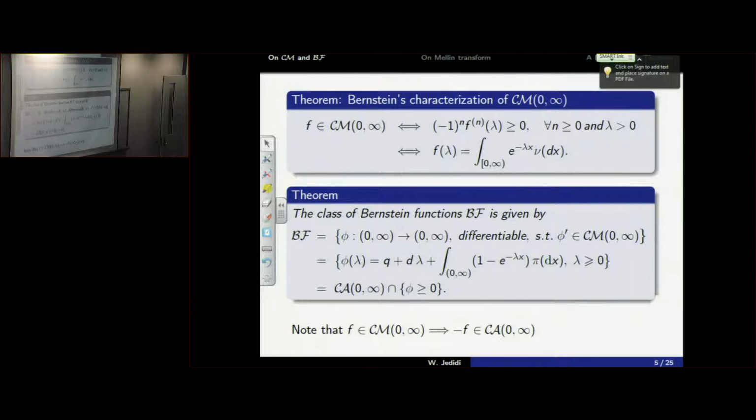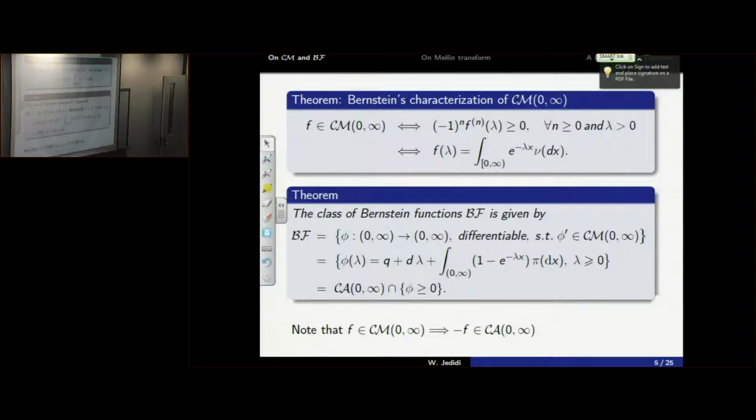Minus log of the Laplace transform, differentiated, gives a completely monotone function, then nu is infinitely divisible, if and only if minus log Laplace of nu could be written as a Bernstein function like this.